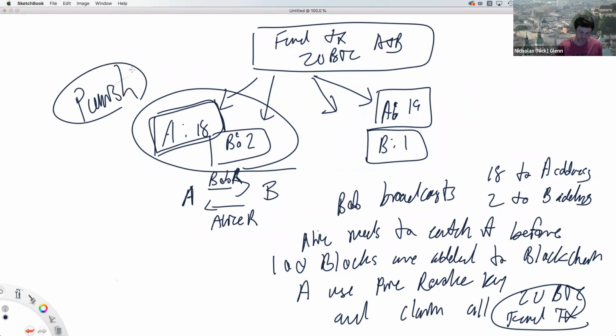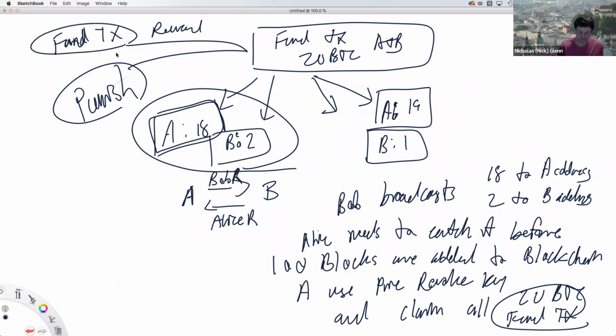So they punish them by rewarding the full funding transaction. Okay. Bob's not gonna get anything. Not only is he not gonna get this 2 Bitcoin, he's not even gonna get 1 now. He's not gonna get anything because he was trying to be dishonest and Alice caught him.